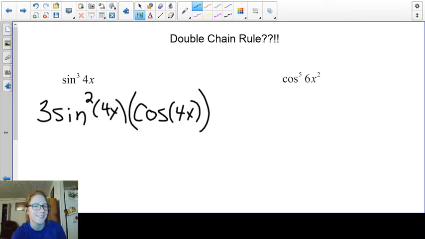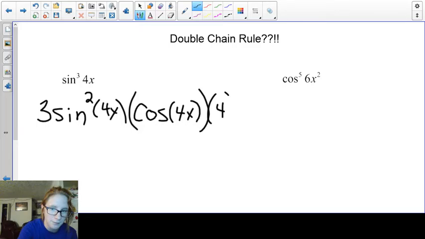Well, I still haven't taken the derivative of the stuff in the very center, which is 4x. I need to do it because I need to take the derivative of everything. So times 4. I'm going to put what I can together. 4 and 3 are coefficients, so I can stick them together outside.